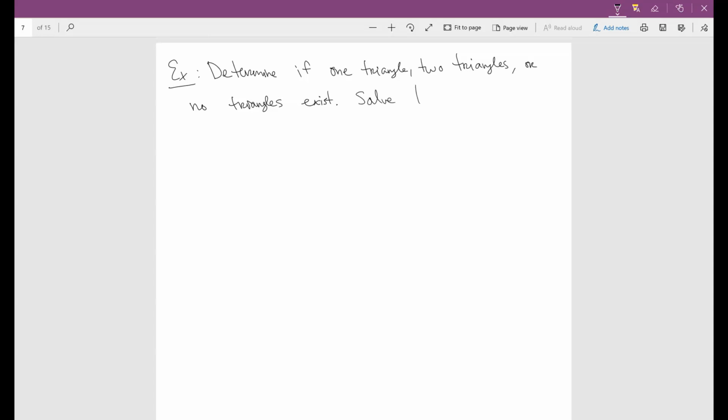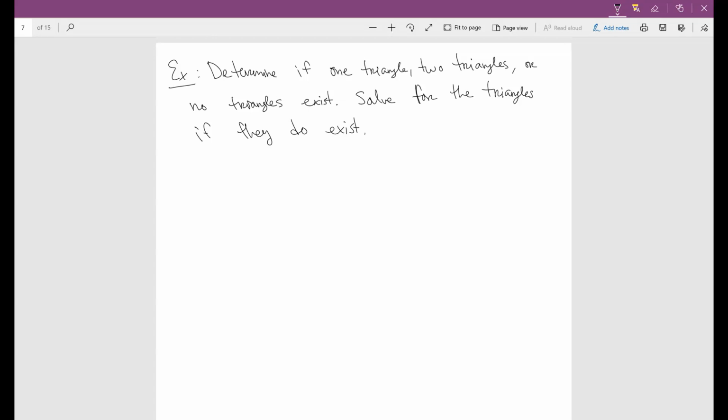Solve for the triangles if they do exist. So we're going to solve for the triangles in case they exist.